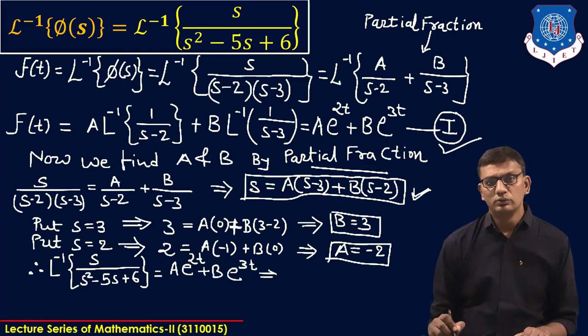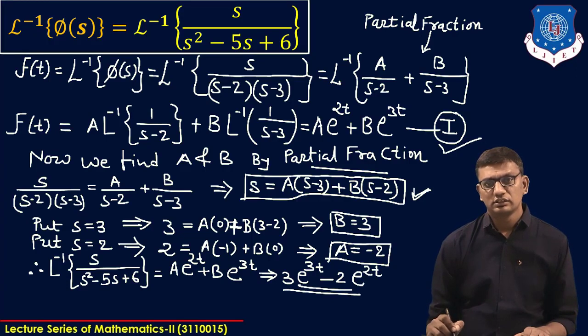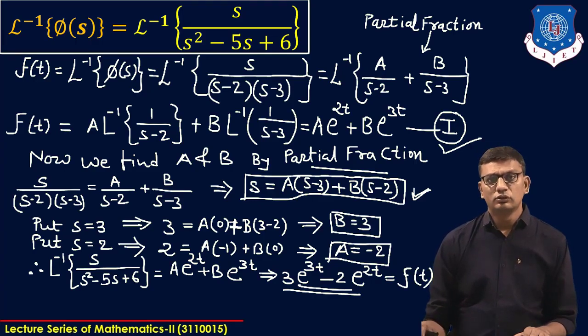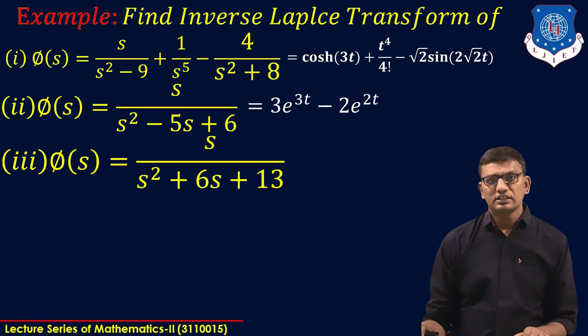Putting the values of a and b, we get 3 e raised to 3t minus 2 e raised to 2t, which is our answer f of t. So our answer is 3 e raised to 3t minus 2 e raised to 2t.